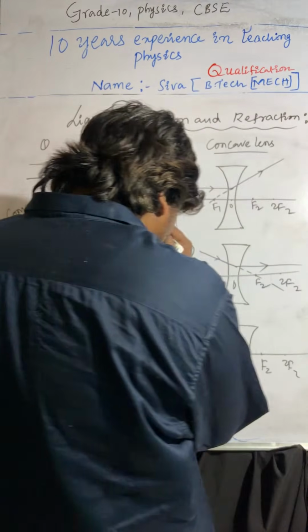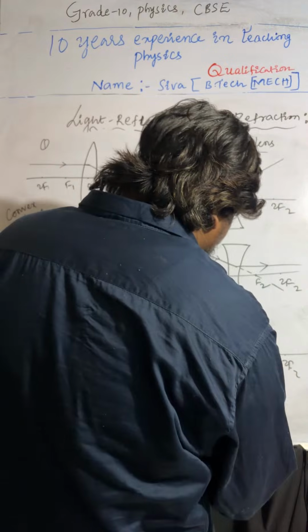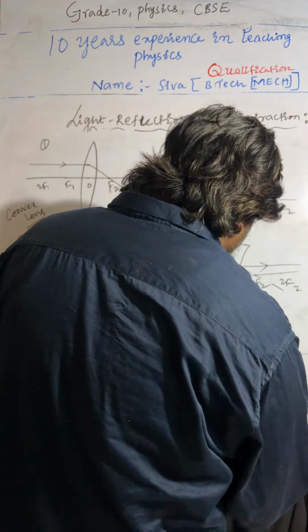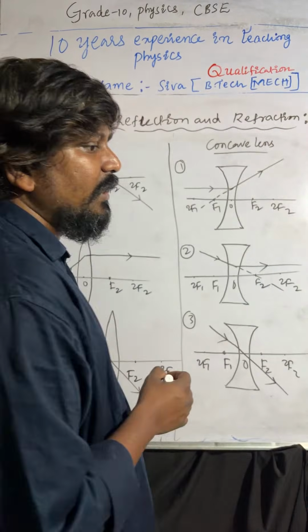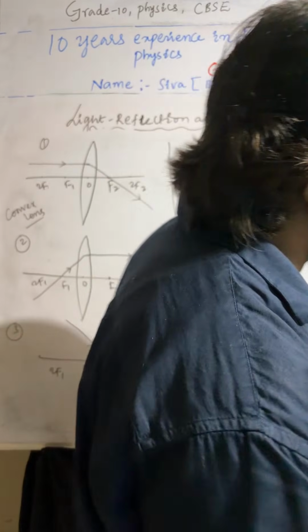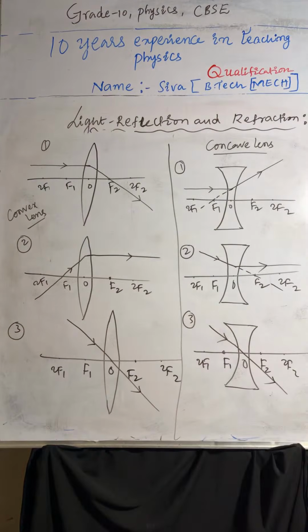Here you can observe the light ray passing through the optic center, no deviation takes place. Understood or not? I hope it is very clear. So just check these points once. We'll take a small break.